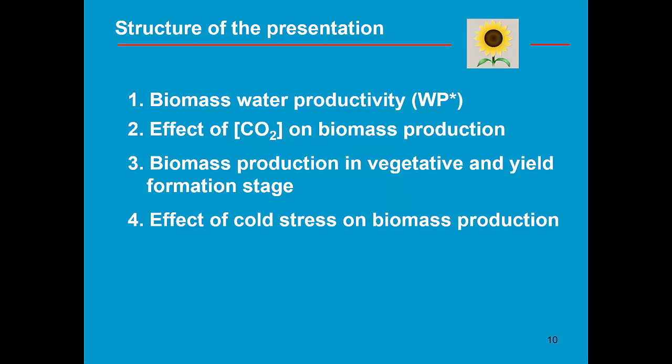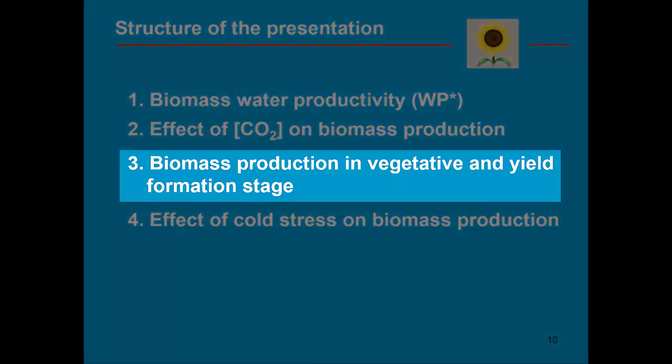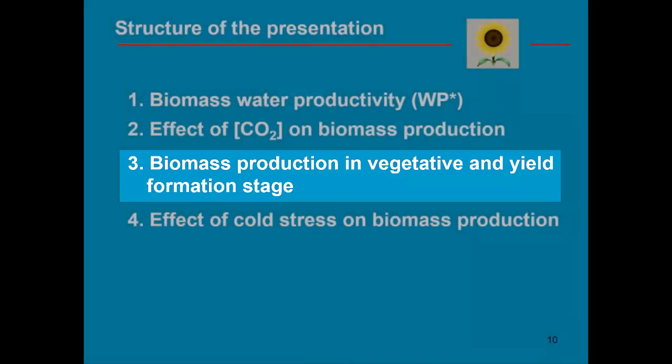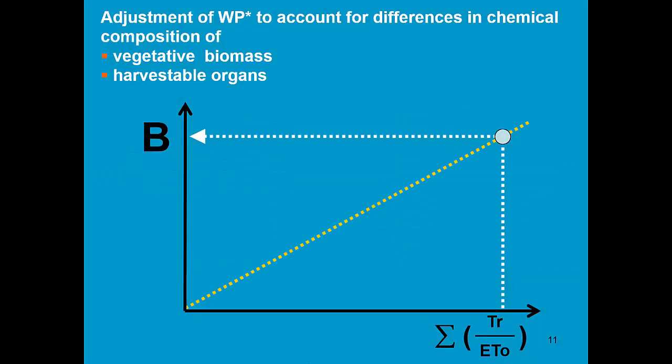Another adjustment considers the difference between the vegetative and the yield formation stage for particular crops. This adjustment accounts for differences in the chemical composition of the vegetative biomass and the harvestable organs. Typically for crops which make oils like soybean, like sunflower, you need a lot of carbohydrates to make 1 kilogram of oil.